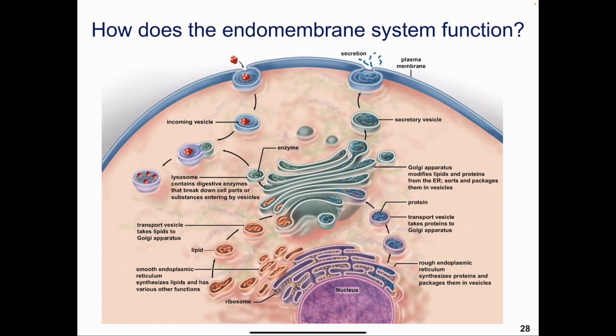Anyway, so let's take a look at here how the endomembrane system functions. Say you have a gene in here. That gene is expressed. We have a messenger RNA. That messenger RNA that is produced from DNA is now going to be converted into protein.